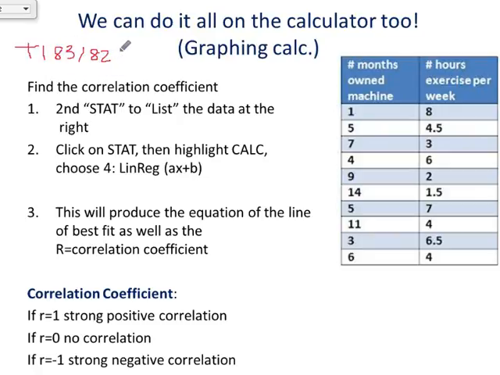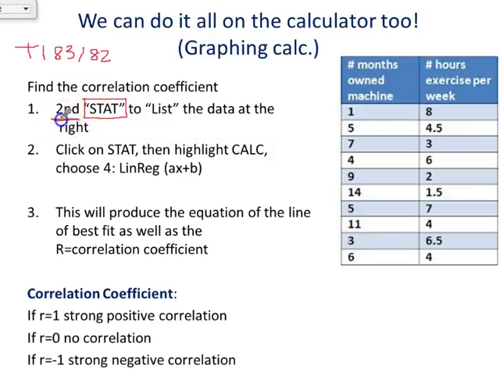In order to do this, the first thing that you're going to do is look for a stat button on your calculator. If you've got a TI-82 or 83, look for the stat button. It's up near the top of all the buttons. And you're going to click on second stat.